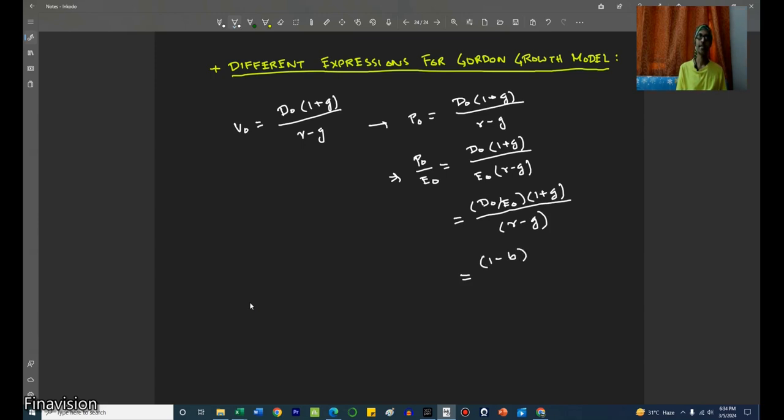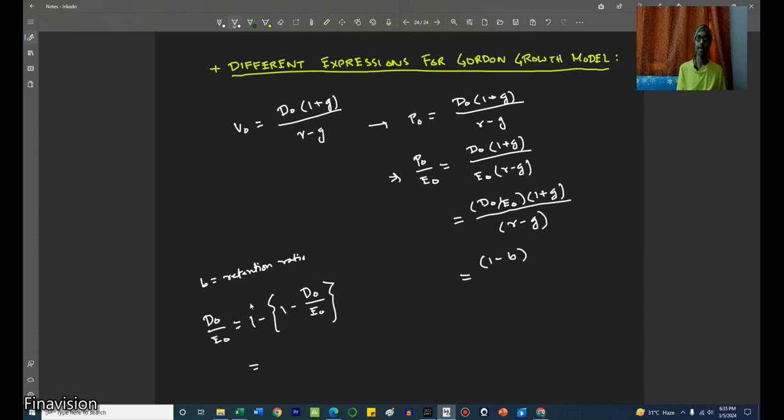Here B is the retention ratio. How did we arrive at 1 minus B from D0 by E0? D0 by E0 we can write as 1 minus, within brackets, 1 minus D0 by E0, right?